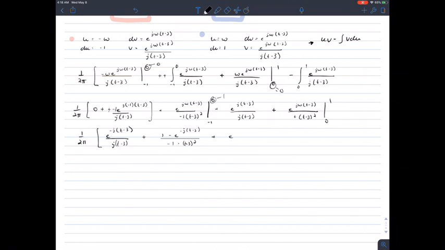Plus e to the j(t minus 3) over j(t minus 3), plus that's going to give us 1, e to the j(t minus 3) over (t minus 3) squared, minus 1 over (t minus 3) squared.